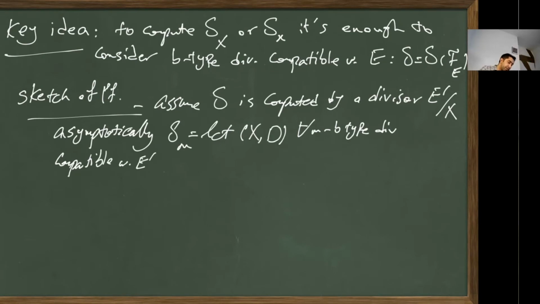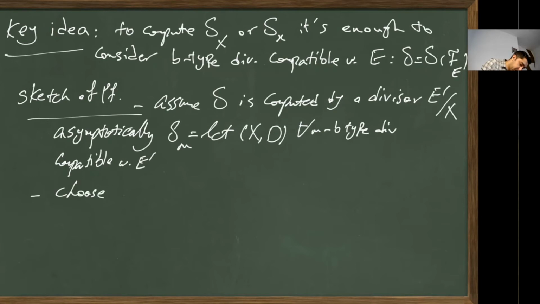Now this follows from the definition, right? That is the main idea behind it. So as I said, D is going to maximize singularity. D is the one that maximizes singularities of such divisors along E prime. Good.